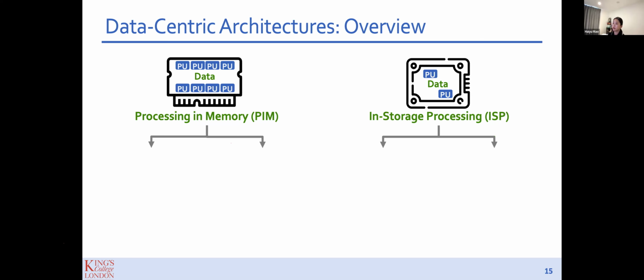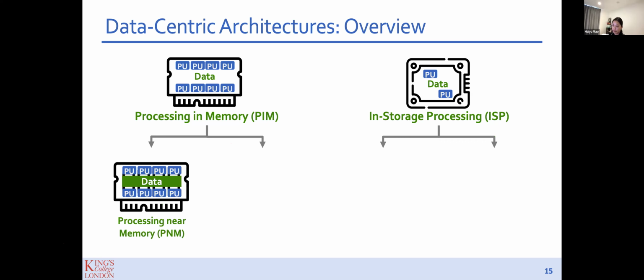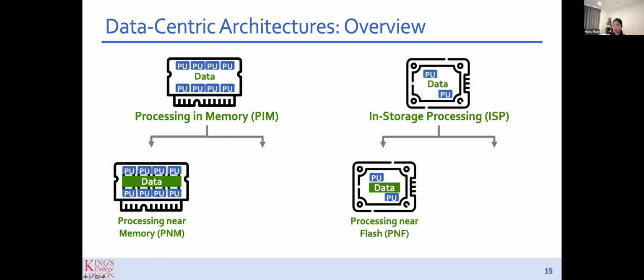In PIM, we have processing near memory, where we integrate some small processing units very close to the data. At the same time, we have processing near flash, where we utilize some processing units inside the storage to help with some simple, light computations, right?